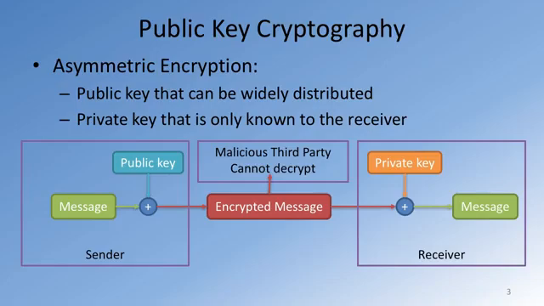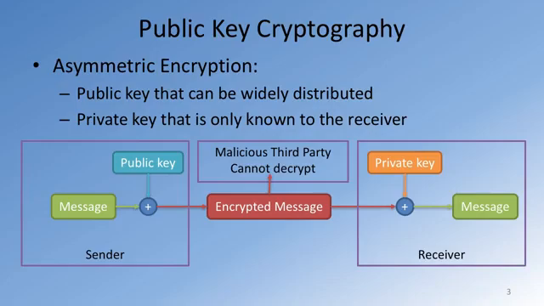So when somebody wants to send a message to you, they're going to use your public key to encrypt the message. So if a sender here wants to send the message to the receiver, then the sender will use the public key of the receiver to encrypt the message on the sender side using the encryption algorithm.